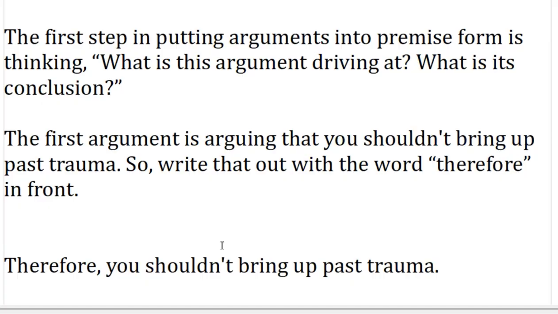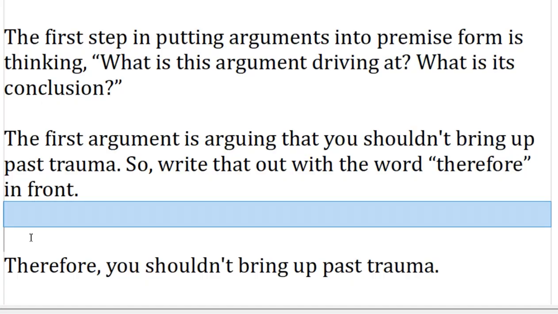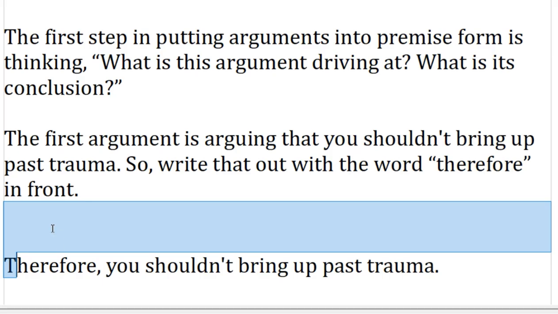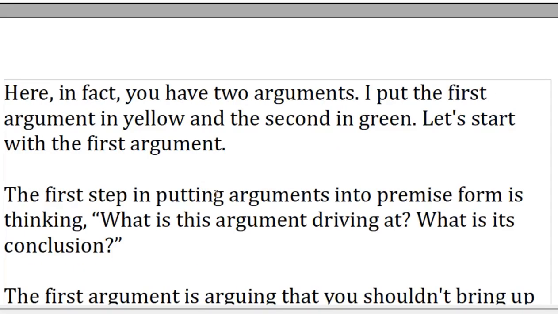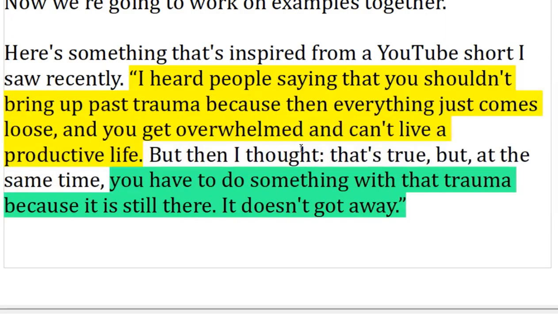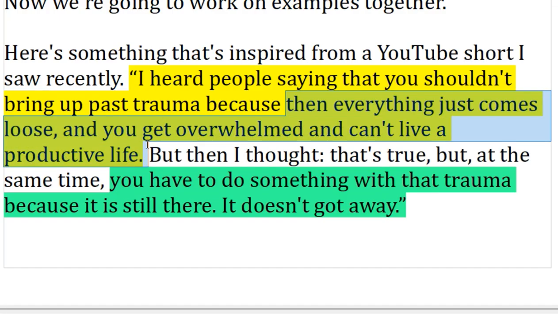Now what's going to happen is that there's going to be stuff that we write before this, and those are going to be the premises of the argument. So then the question is, okay, that's what that person believes, but why do they think that? And they think that because then everything just comes loose and you get overwhelmed and can't live a productive life.